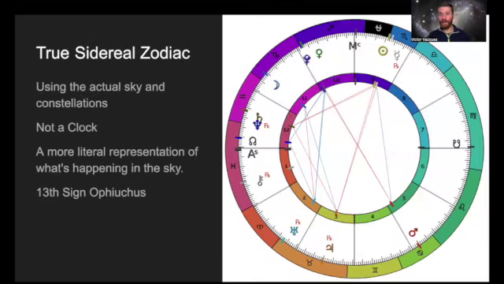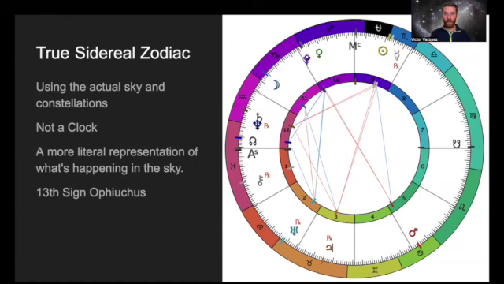Now we go to the True Sidereal Zodiac, which is also really interesting and different from these two. Its main difference is the size of the constellations.